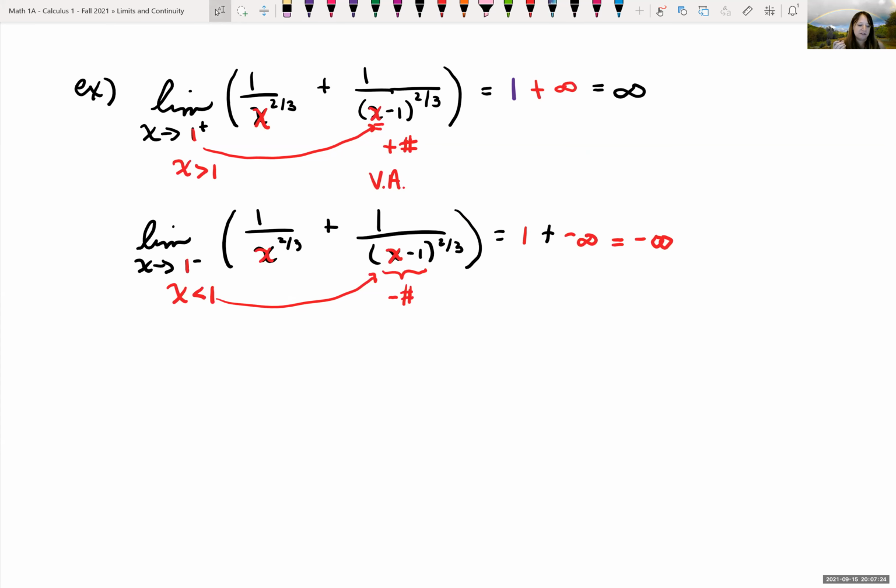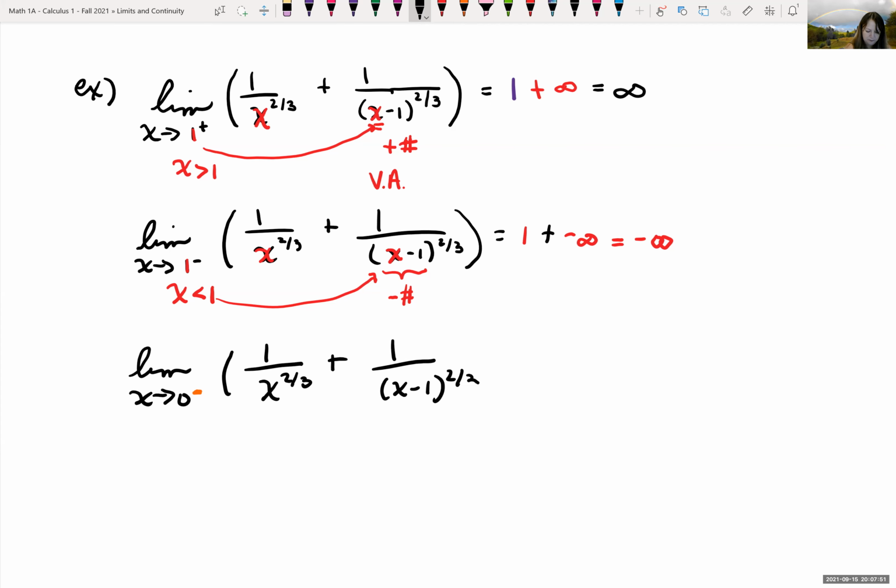Is it going to be shooting off to positive or negative infinity? And so limit as x approaching 0. I tend to like to move left to right. So let's just go from the left. This is 1 over x to the 2/3 plus 1 over x minus 1 to the 2/3 power.